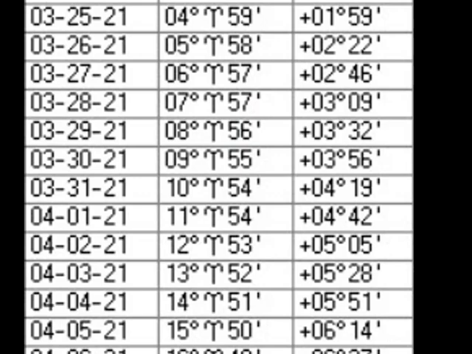I keep stressing the word increasing because after the Sun has reached its maximum northern declination, and then its declination will decrease, it once again will have a declination very close to 1 north 59, somewhere around there, but it will be a different longitude equivalent.